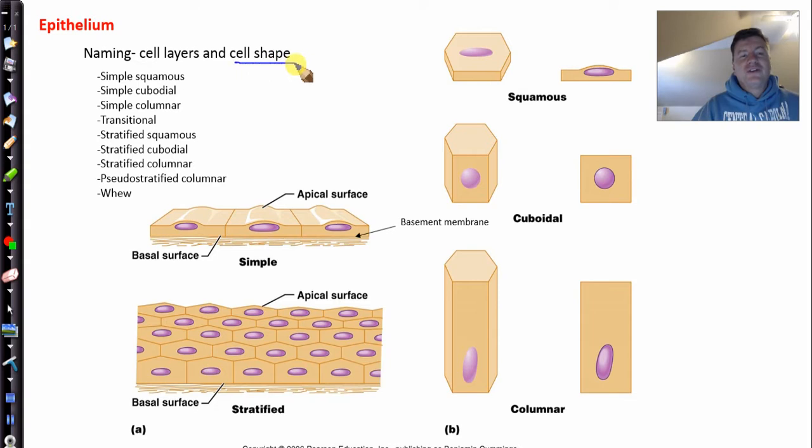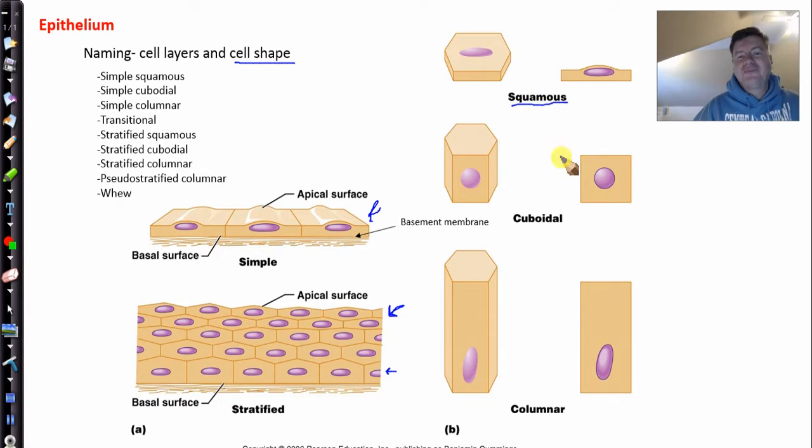We also look at the cell shape as one way of naming epithelial tissue. And we're talking about the shape of the cells on the apical surface. At the top here, we can actually look at these layers of cells, and we use that as the way we name it. For example, cells that have this flat-like, almost tile appearance to them are called squamous cells.